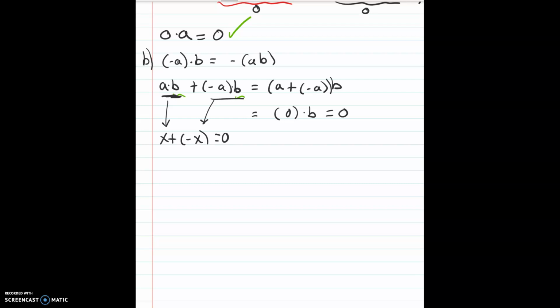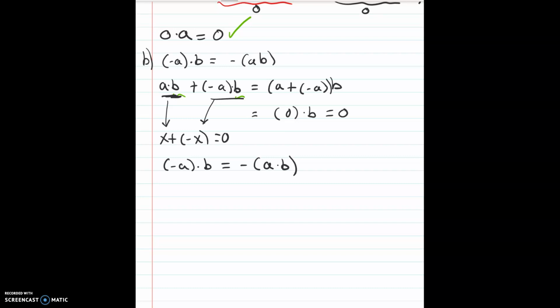Which means if you add something to A times B and you get 0, then that element must be the inverse of A times B. So therefore, by direct comparison, negative A times B must be the inverse of A times B, because when you add it to A times B, you get the identity, and the identity is unique. So by direct comparison, that is the inverse of A times B.